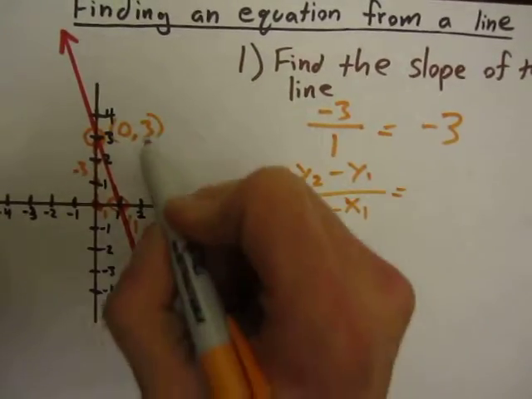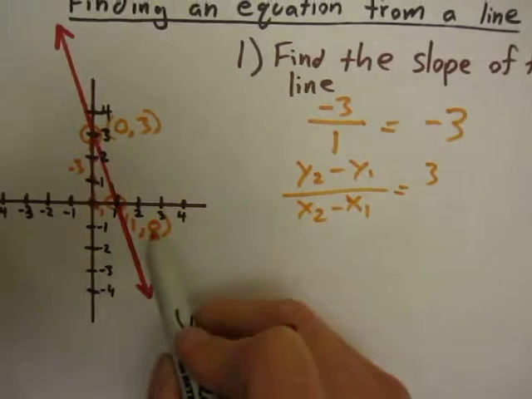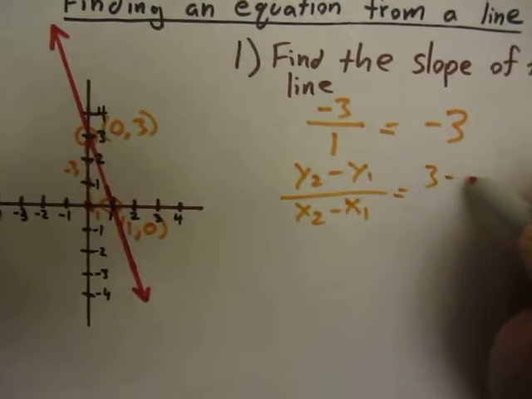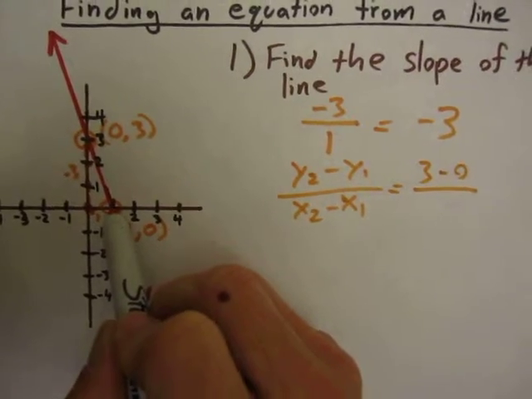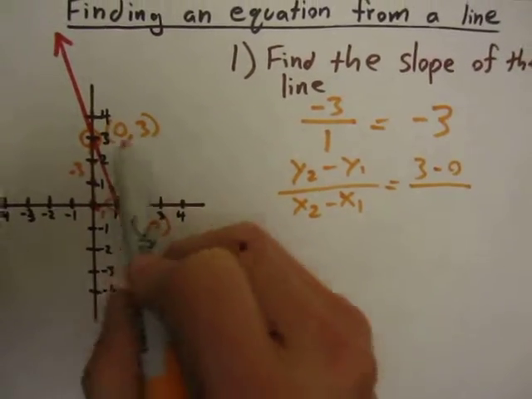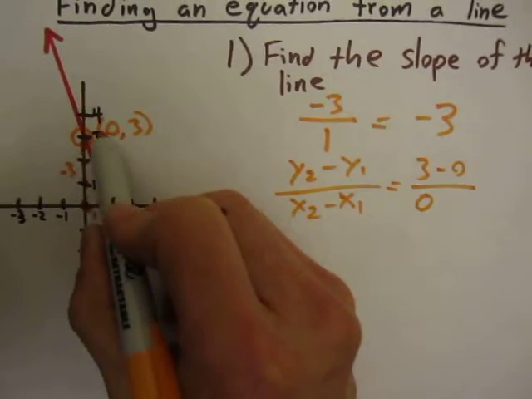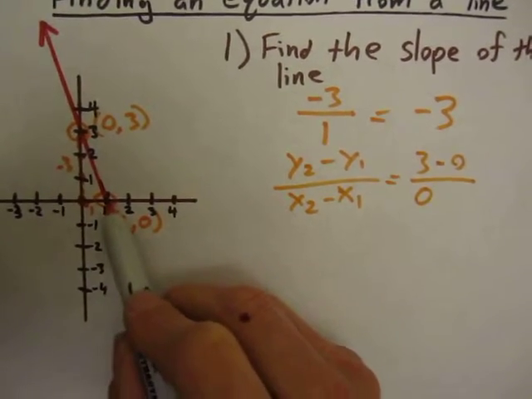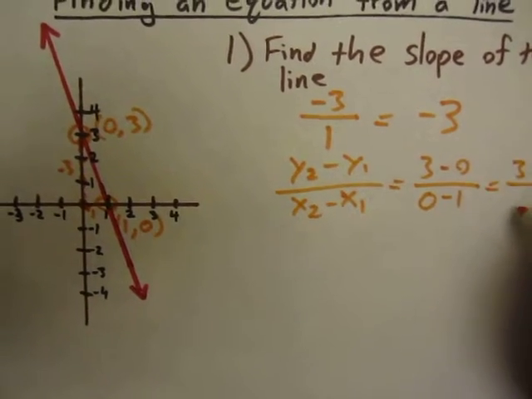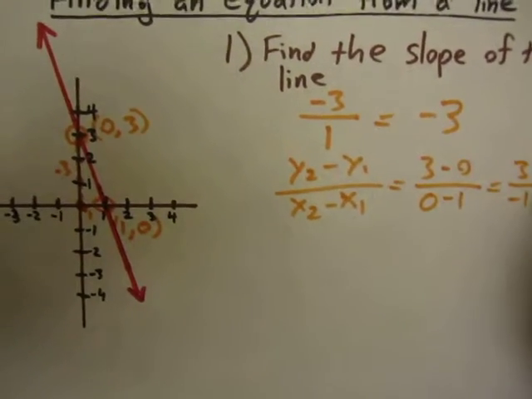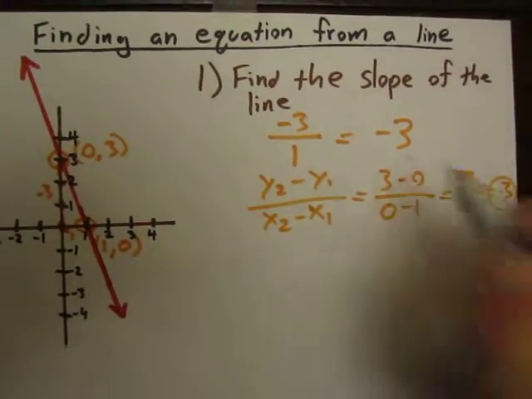So if I put this in, I have a 3 minus a 0, because our y value for our second point is 0, and I have a 0 because that's what my x2 value is, minus a 1. And this simplifies to 3 over negative 1, or negative 3, just like we had above.